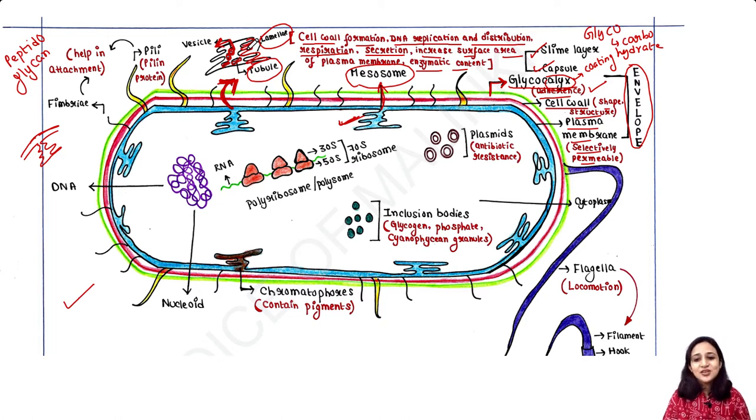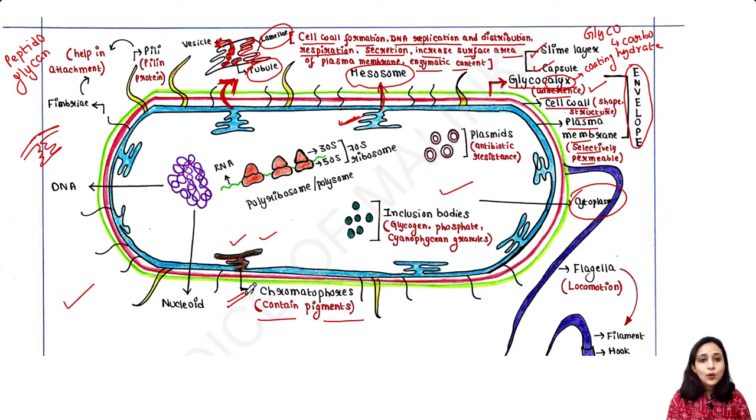Next, the bacterial cell contains cytoplasm like the eukaryotic cell. Sometimes you will get some infoldings like the mesosome, which are called chromatophores. These chromatophores contain pigments, because we know that bacterial cells contain a number of pigments, like cyanobacteria.